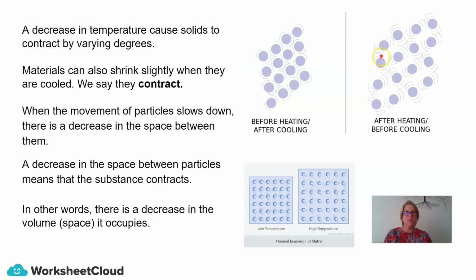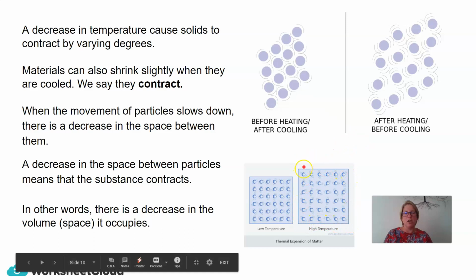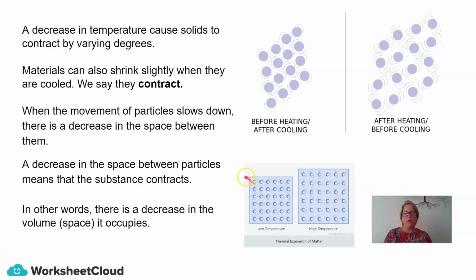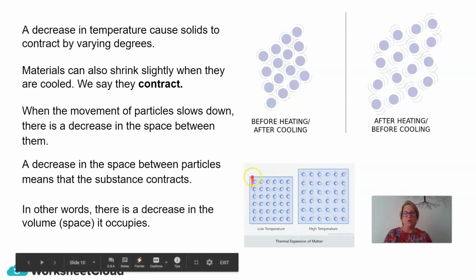So look at the difference between the particles here, and look, the distance has become less. So there is a decrease in the space between the particles. This means the substance contracts. So in other words, there is a decrease in the volume. So this is how much the solid took up, and then upon cooling, this is how much volume the substance occupied.